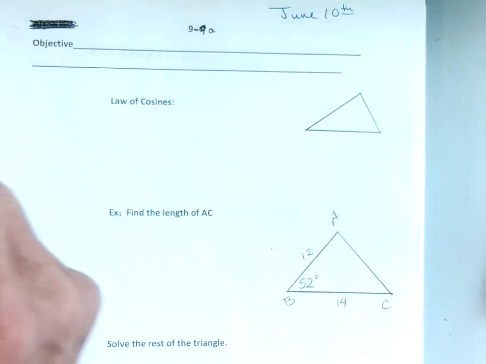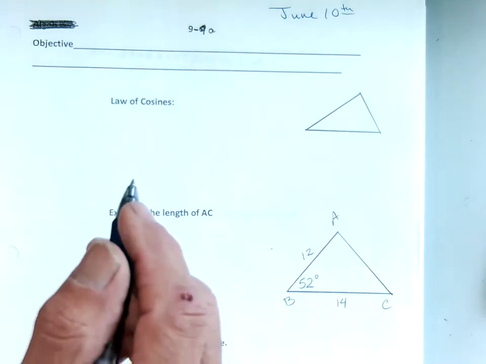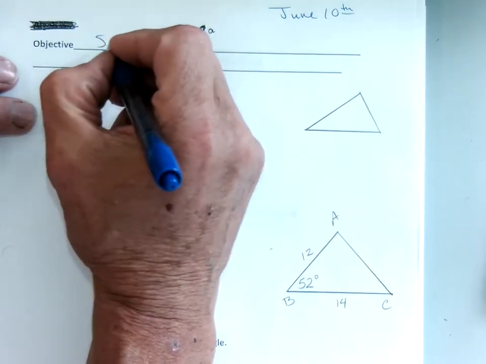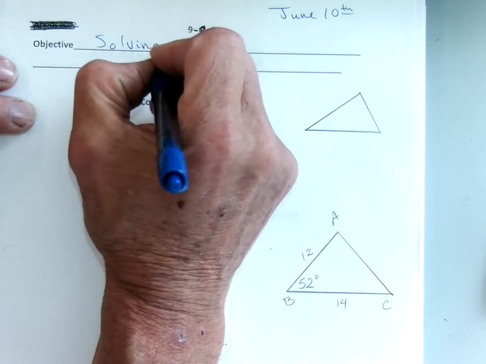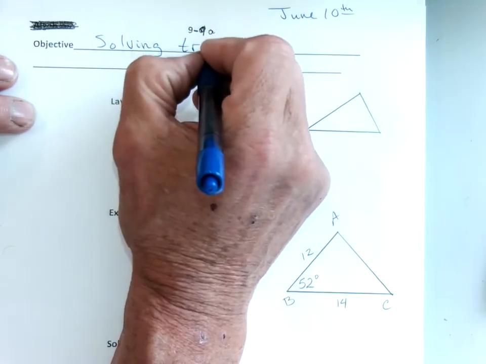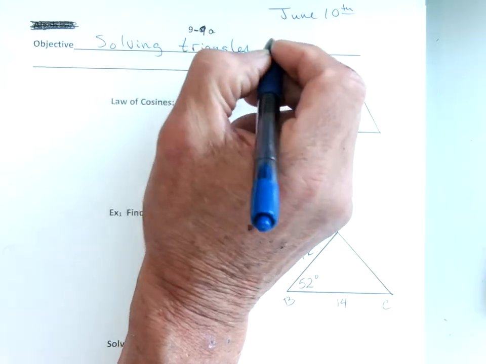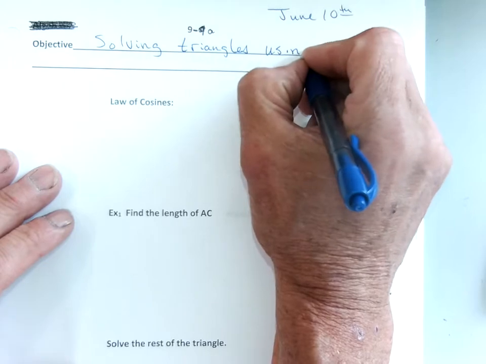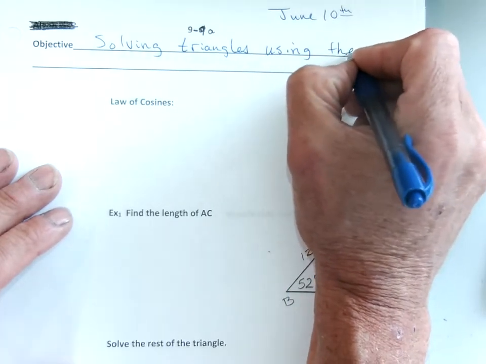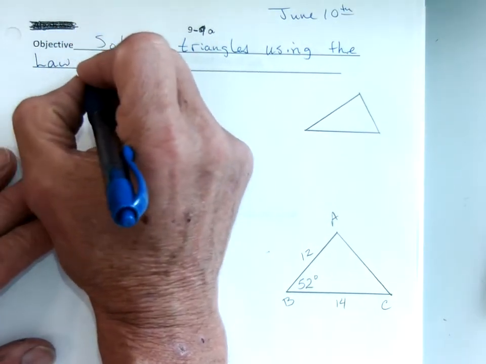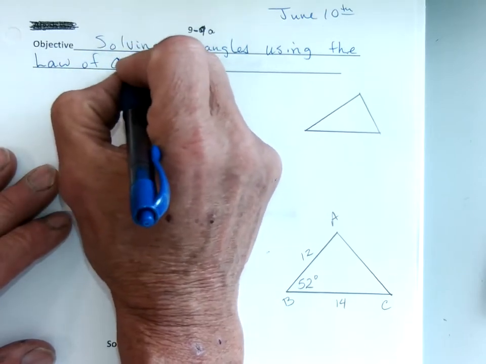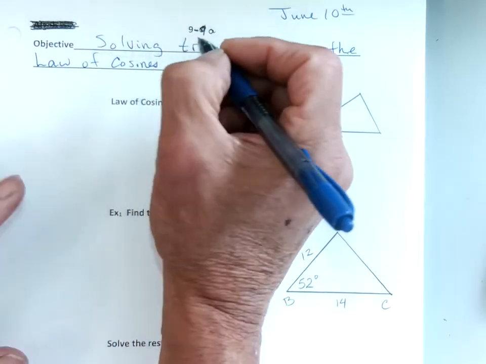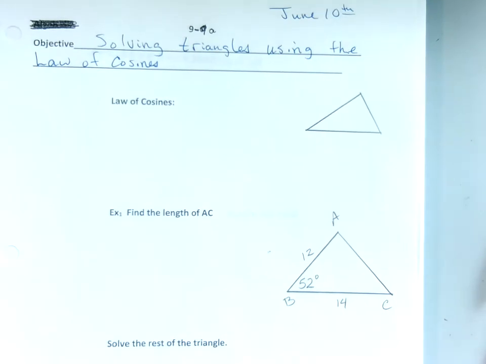We want to talk about solving triangles using the law of cosines. The law of cosines is different. We have the law of sines, now we get the law of cosines.